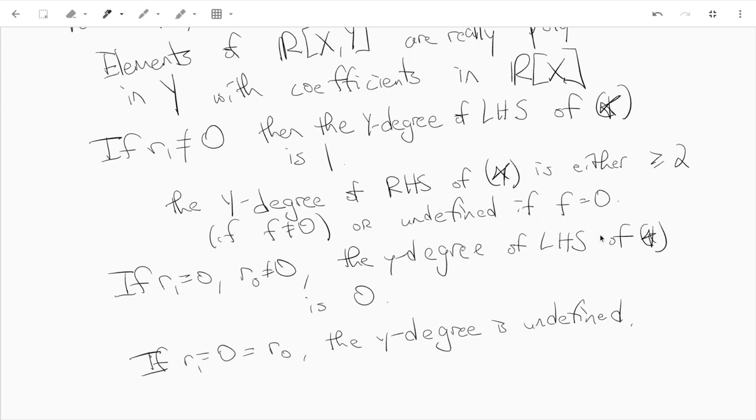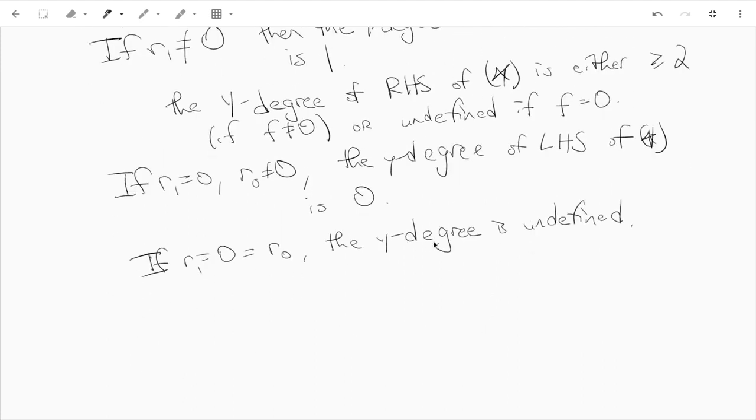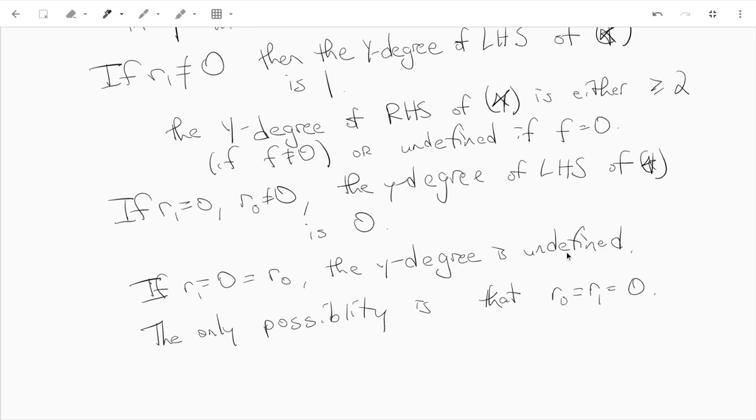The only way for the degree of the left-hand side to match up with the degree of the right-hand side is if both sides are 0. So the only possibility is that f(x,y), r0 and r1 are all 0, which proves the uniqueness of the expression.